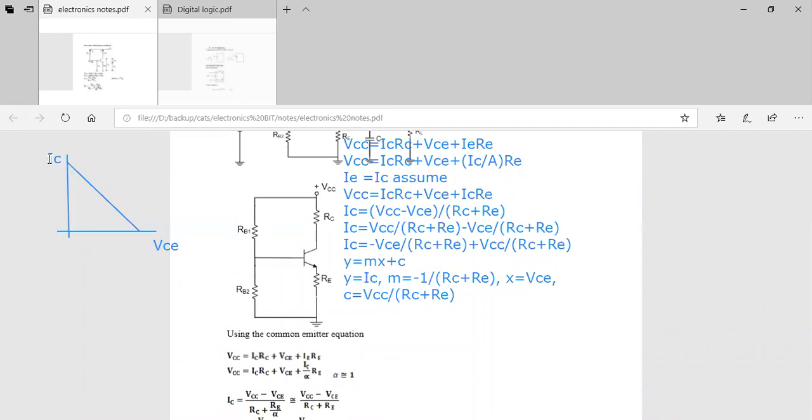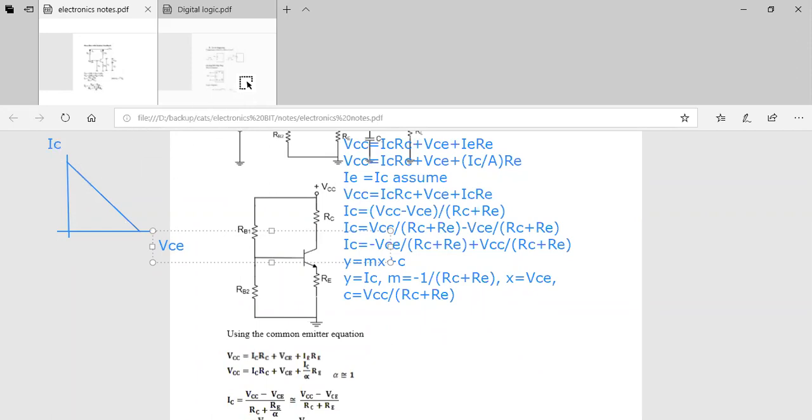So IC takes us up and VC takes us this side.